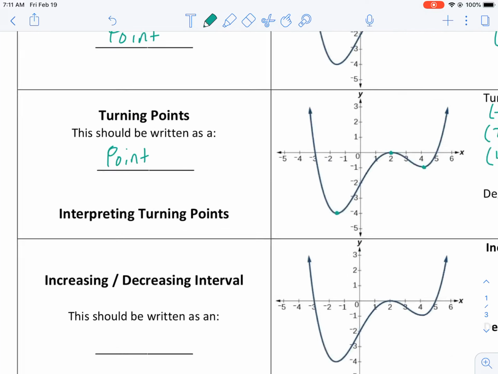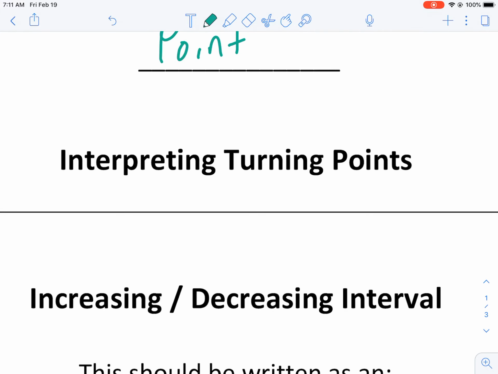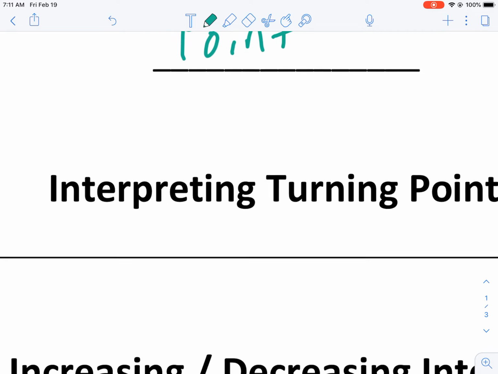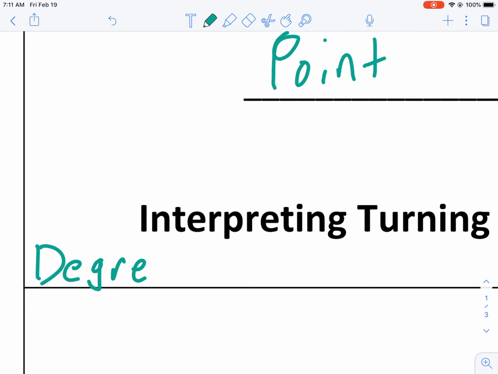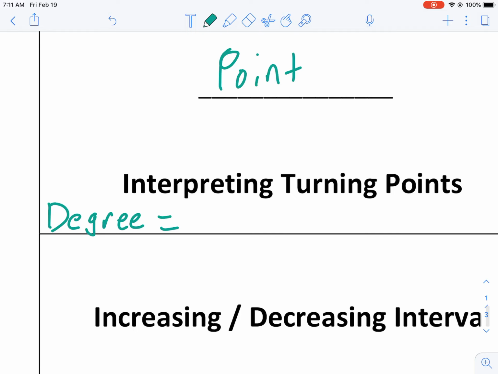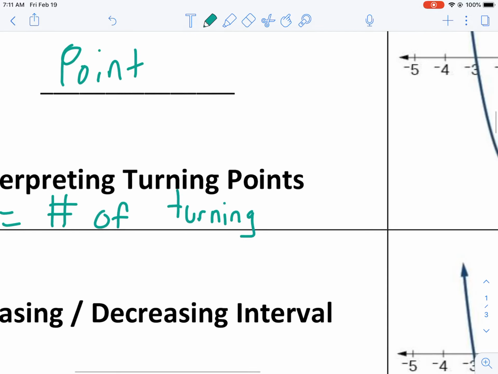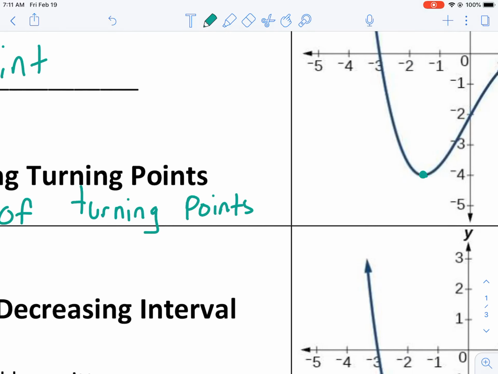Now, there's actually a way to interpret the turning points, and we don't have much room here, but the degree of the polynomial is the number of turning points plus 1.